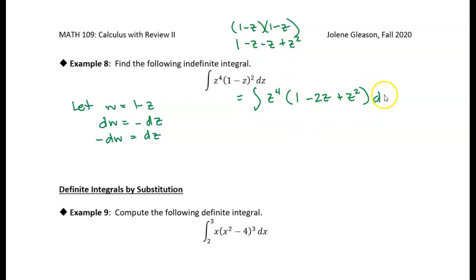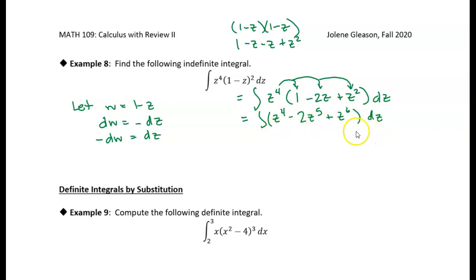Remember your algebra. Then I can distribute the z to the fourth through the parentheses here. So I get z to the fourth minus 2z to the fifth plus z to the sixth. I'm just using algebra to rewrite it, so I would call this a technique of algebraic rewrite.